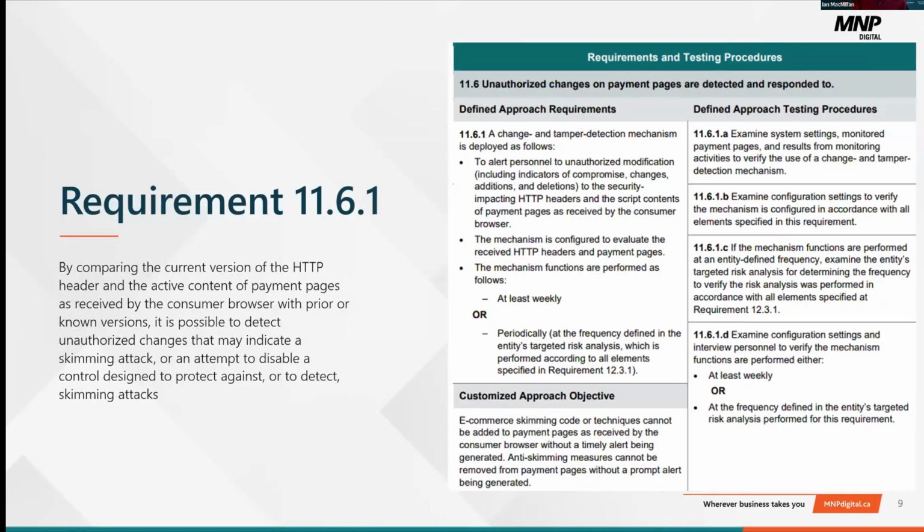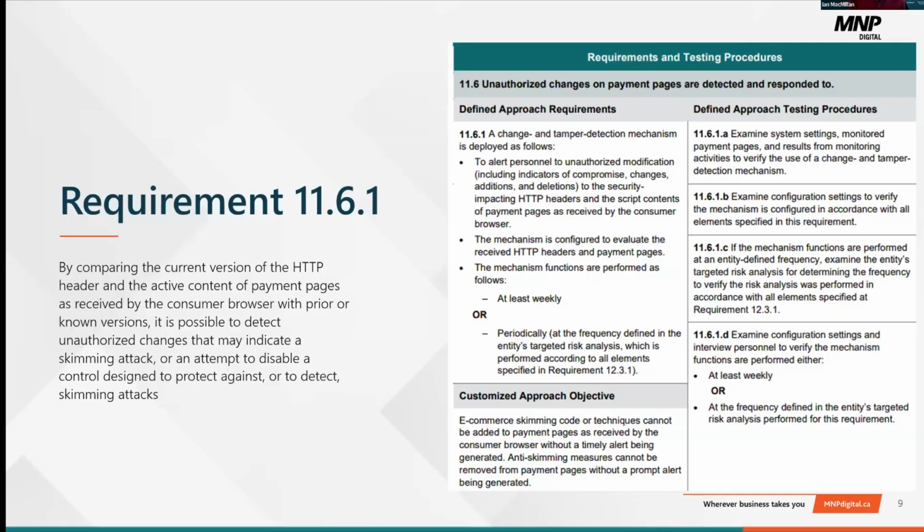This would include things like content security policy, or CSP, and the script contents of payment pages are also covered. So the idea is we're validating the integrity of what is received, but if after that JavaScript has loaded there is manipulation done to it, there is an alerting mechanism that will alert personnel within your organization that that has happened.